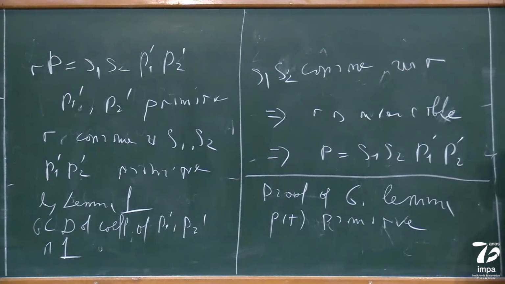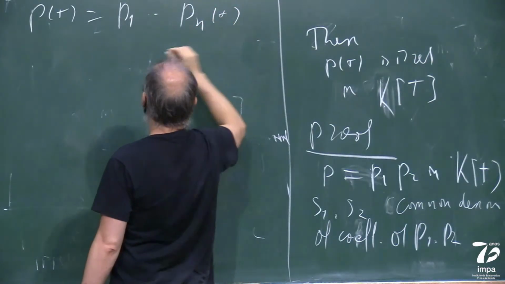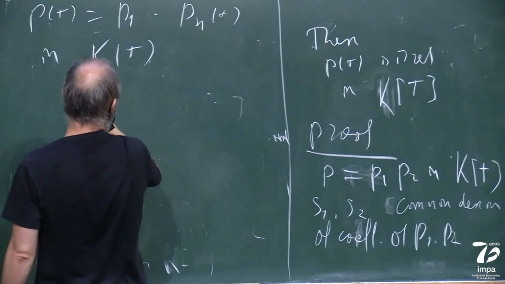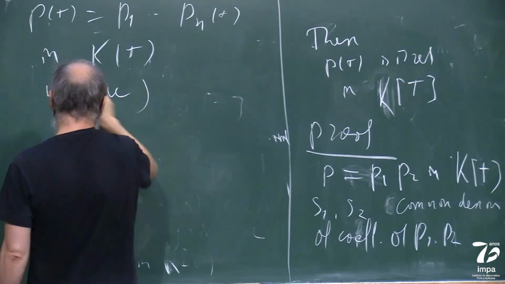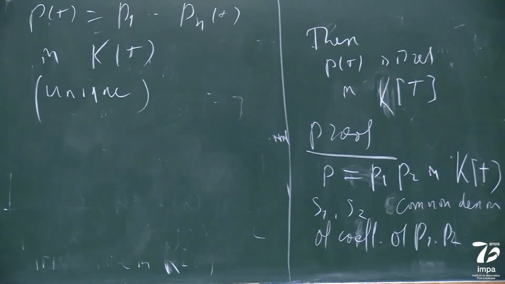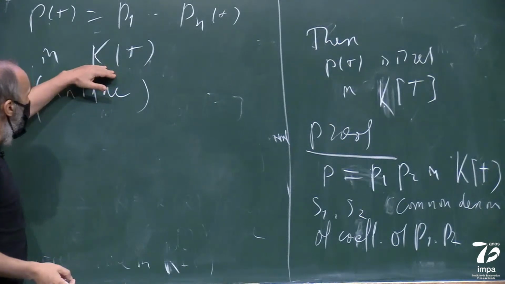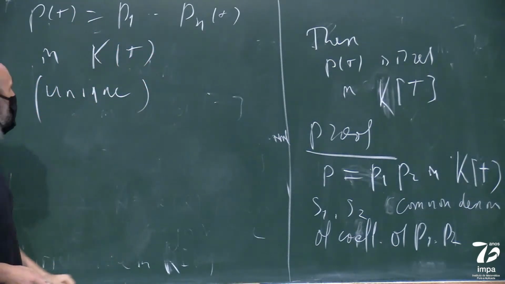So P of T is a product P1 times and so on times Pn of T in K of T. And this decomposition is unique after permutation and multiplication by invertible elements in R. Now R is K of T, so it's a field, so it's just unique after permutation.